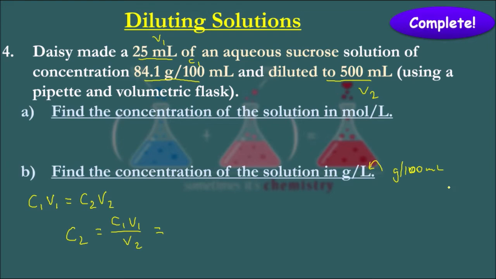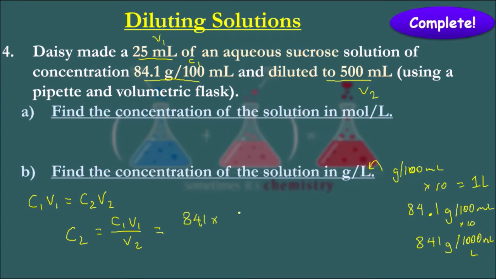In 100 milliliters, you need to times it by 10 to get it into 1 liter. So the number 84.1 grams per 100 milliliters, if I times this value by 10, is 841 grams per 1,000 milliliters. That is equivalent to grams per liter. So 841 is what I need to use.